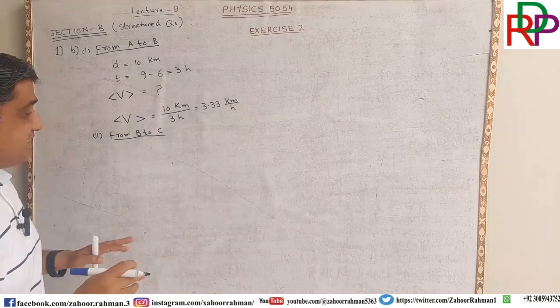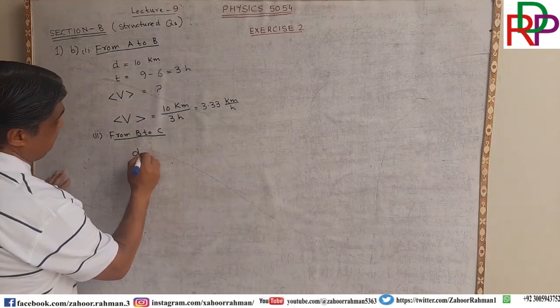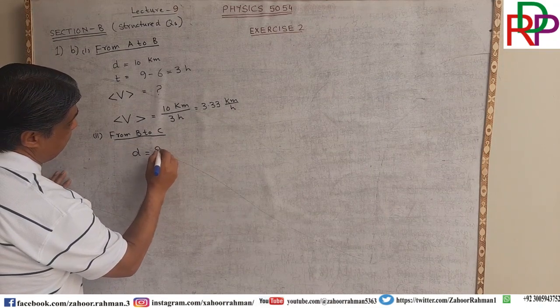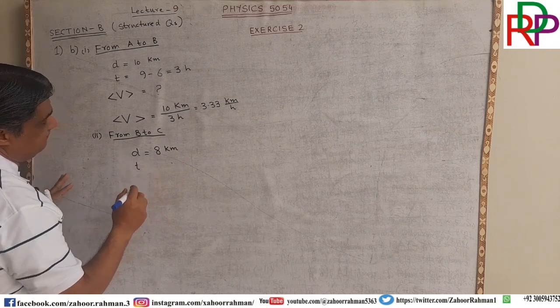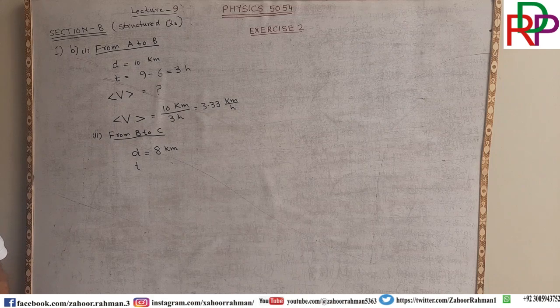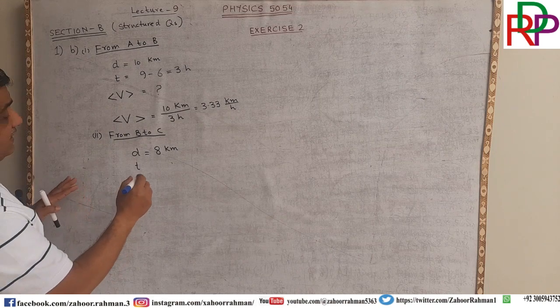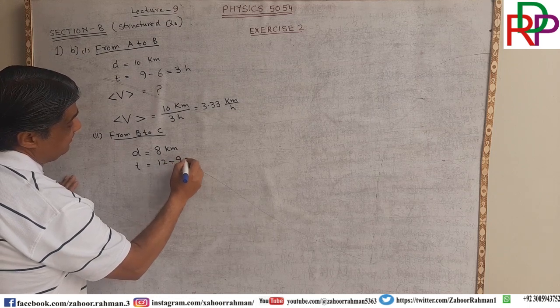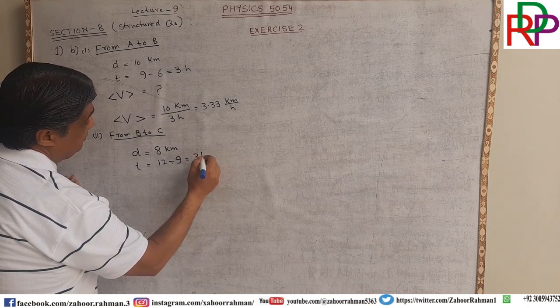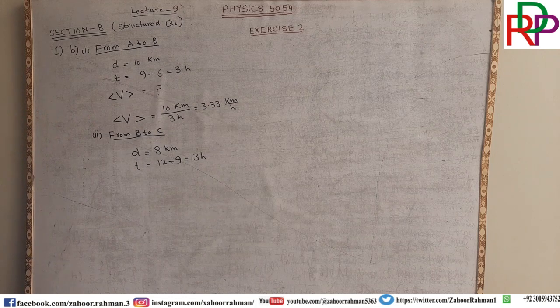They have given us the distance is equal to 8 kilometer, and again time from 9 to 12 noon is 12 minus 9, which is equal to 3 hours again.